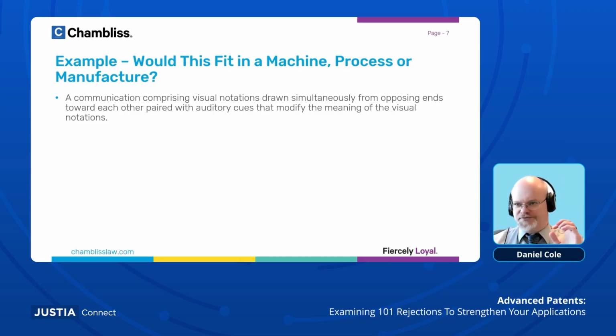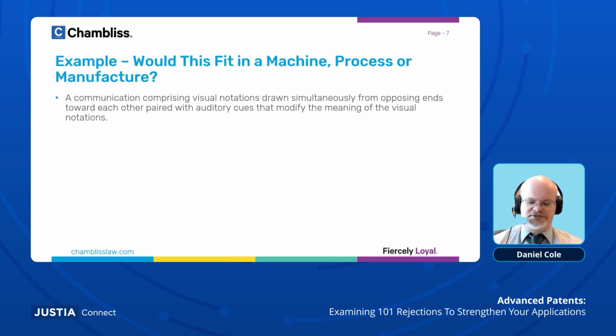So one visual notation with an auditory cue might mean one thing, same visual notation, different auditory cue means something different. Okay, so think for a moment about how you might make this fit into a machine, a process, or a manufacturer, using the things that maybe I talked about before.